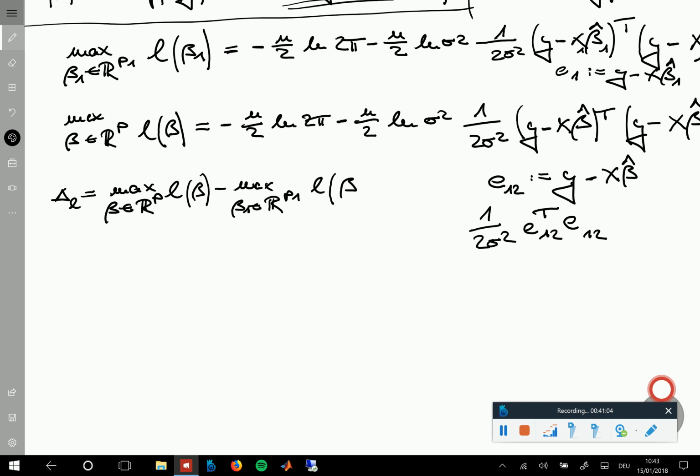No, sorry, not hat, because the max is implementing the hat.